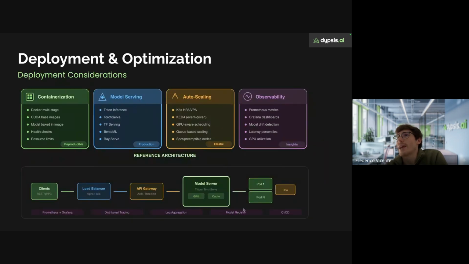Regarding deployment, you also have to think of other criteria. Normally it's important to have your models in a container, because it's easier to monitor things and to move them around in different infrastructures. You have to have specific model serving.